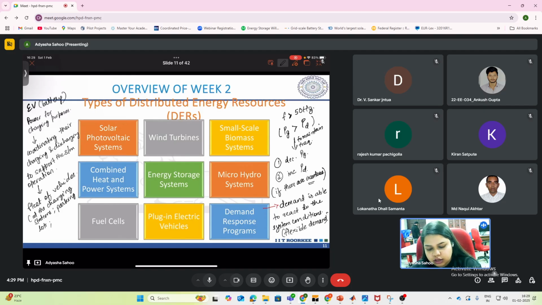So these can all act as a fleet where hundreds of cars can be coordinated to assist the system operation.